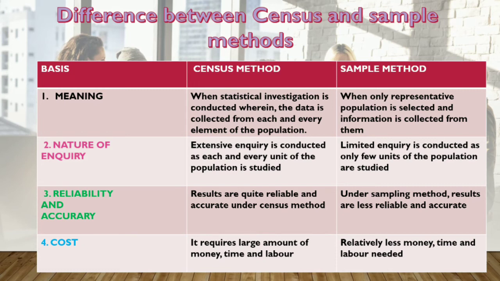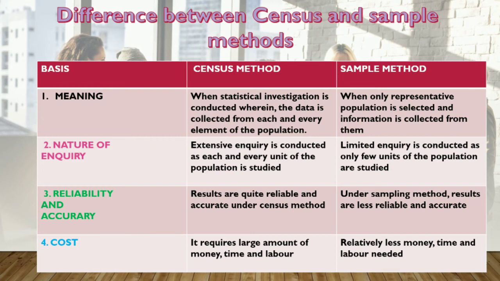And what do you think? Whose results will be reliable and accurate? Definitely of census method, because it is taking each and every item of the population and therefore the results are quite reliable and accurate. But under sampling method, there might be some errors or mistakes, therefore the results can be less reliable and accurate, as while choosing a sample we may make a few mistakes.